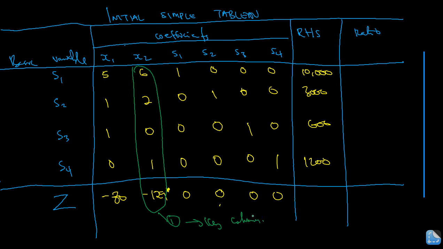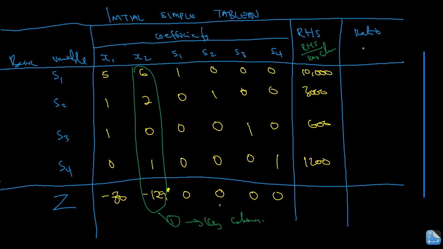Now once you have determined your key column, step 2 is you must divide your RHS, your right hand side, by the key column. So what does that mean? We want to find the ratio.